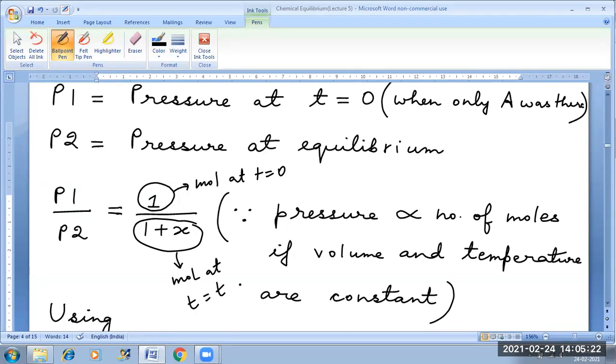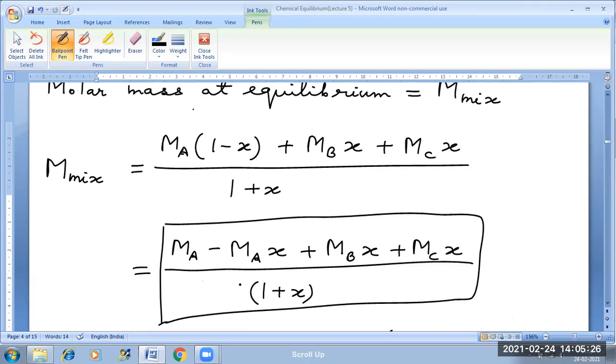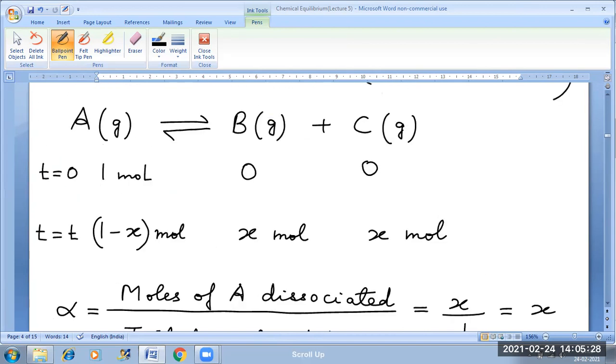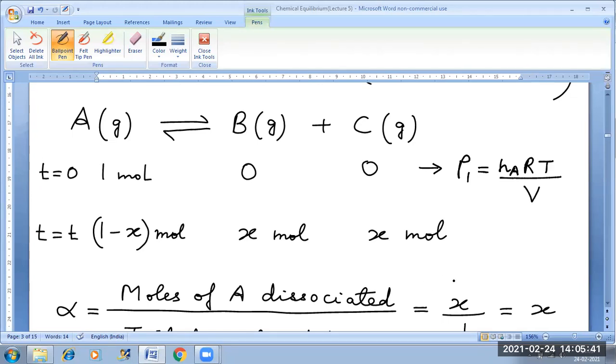P2 is the pressure at equilibrium when A, B as well as C are present. If I look at this reaction, for T equal to 0, I can write P1 is moles of A RT upon V. I can write here P2 is equal to total moles RT upon V.